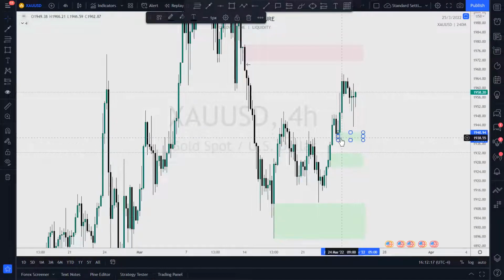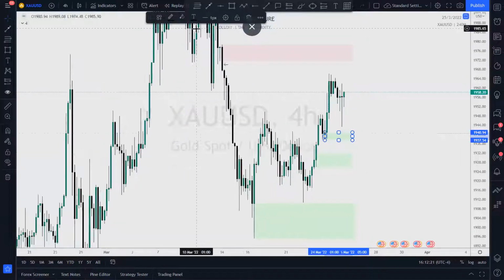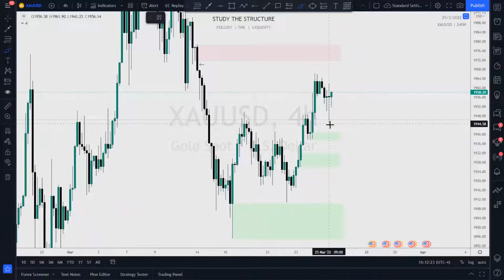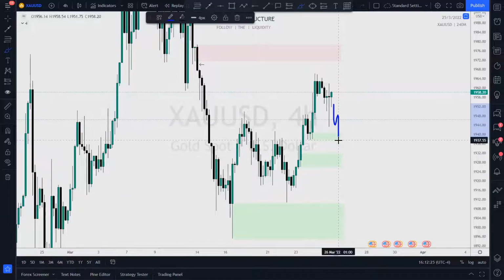If we make it past this, then, like I told you before, I'm looking for the reaction after it breaks through and comes back, and I'm looking for that short right there. That's what I'm doing.